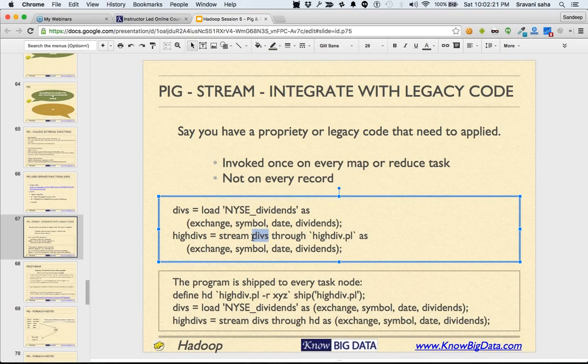Divs is a dataset or a bag. We want to pass each of the tuples of this bag through this.